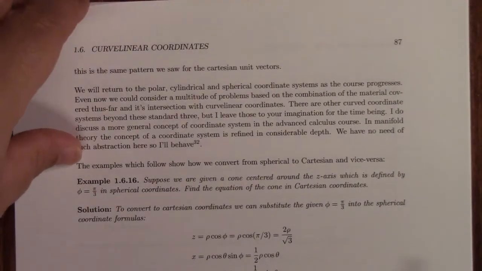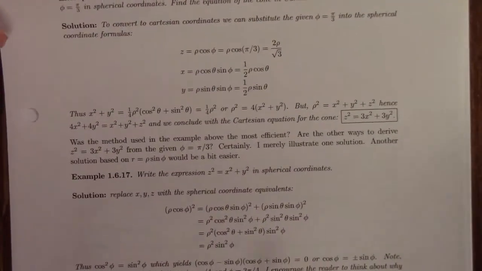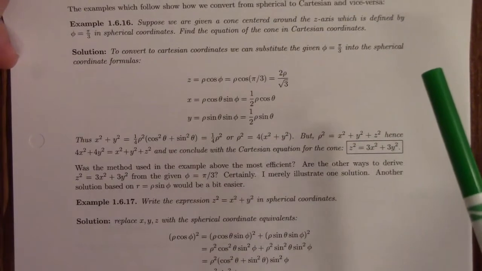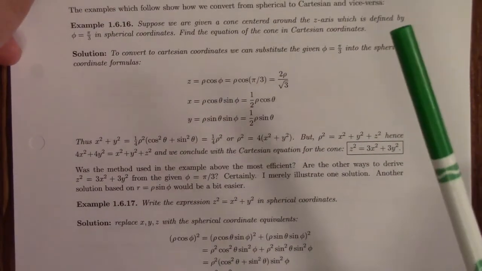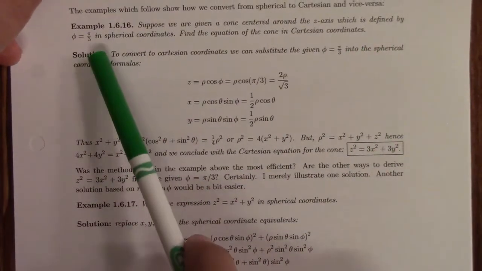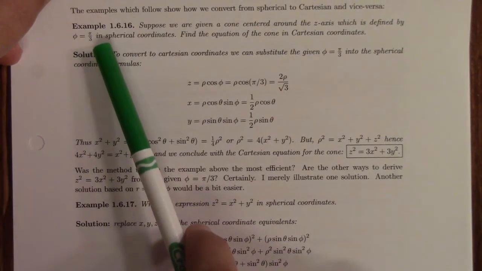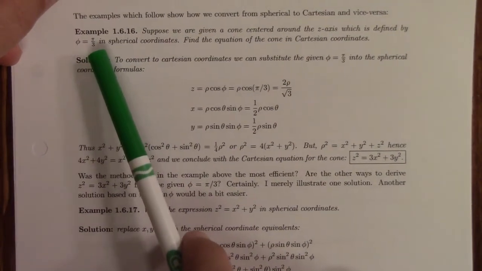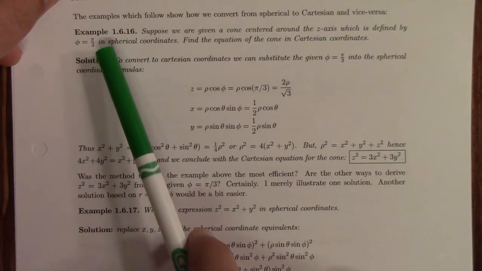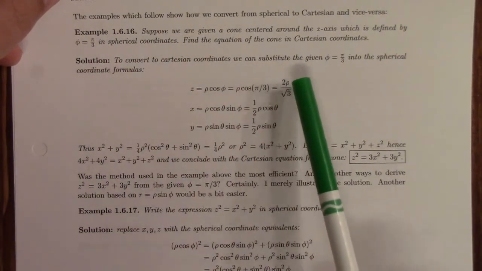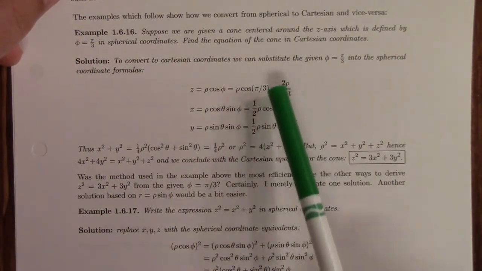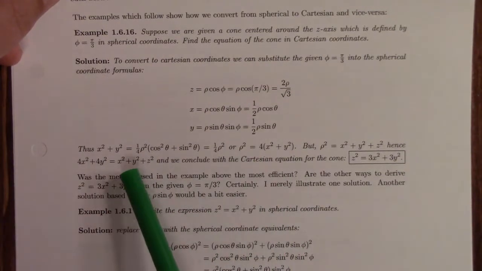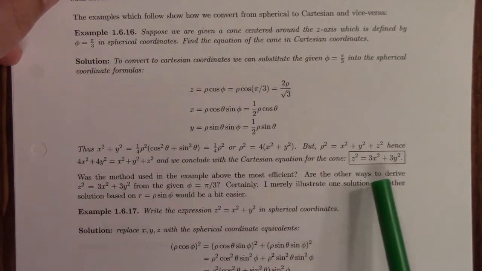And here I have some more examples, but let me just look here briefly. I show you how to get the Cartesian equation for a cone with angle phi equals pi over 3. What you can do is plug the angle into the spherical coordinate formulas and do a little algebra, and you can work it out.